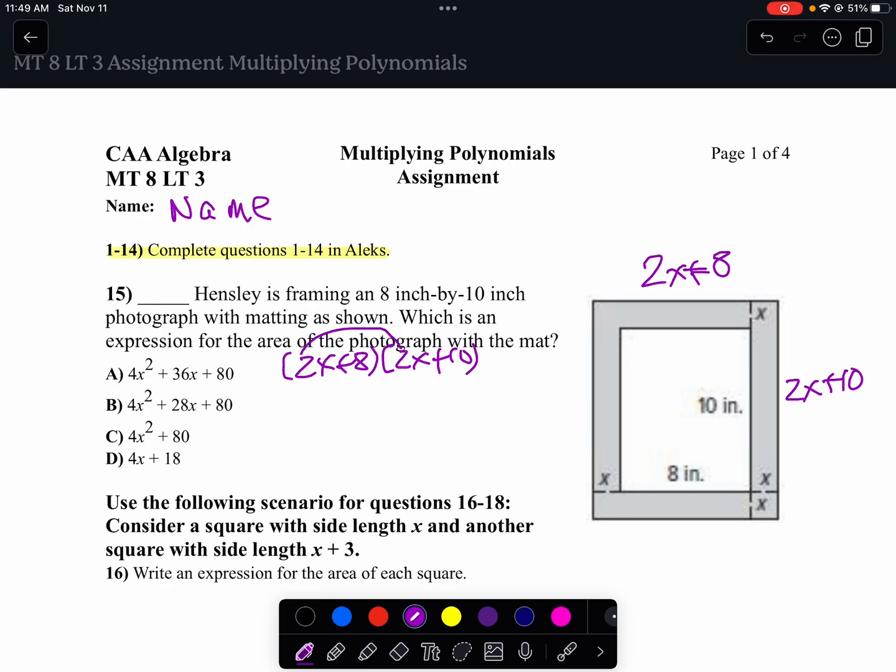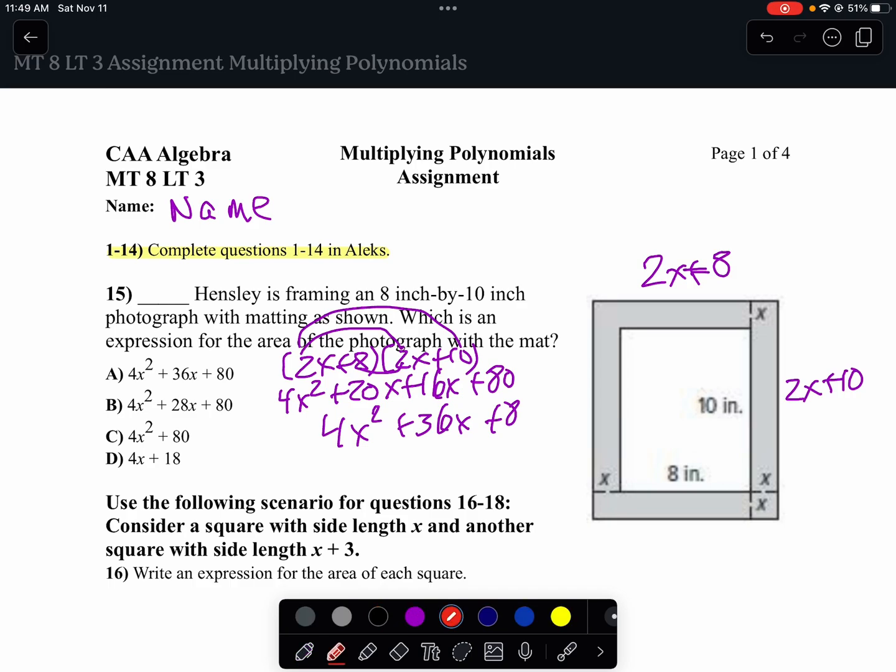So we double distribute. 2x times 2x is 4x squared. 2x times 10 is 20x plus 16x, because 8 times 2 is 16, plus 80. So we're going to get 4x squared plus 36x plus 80. And that's our first choice, isn't it? So we're going to say 4x squared plus 36x plus 80 would be choice A.